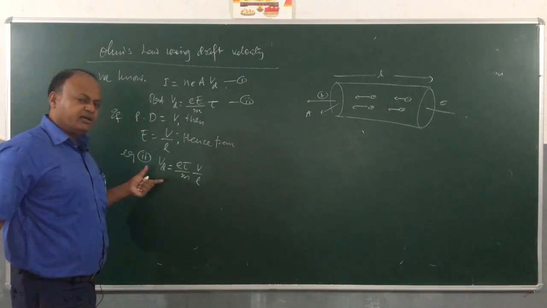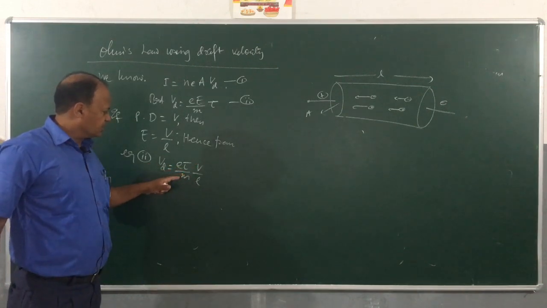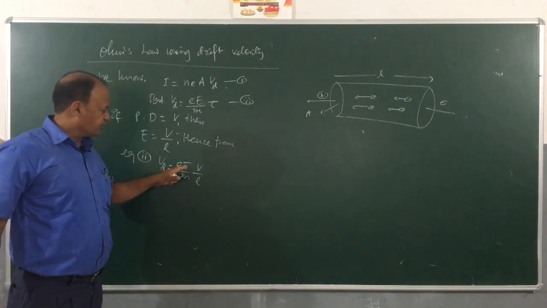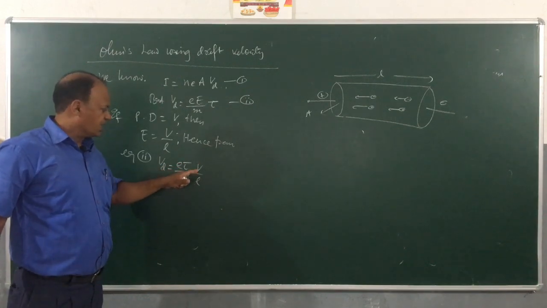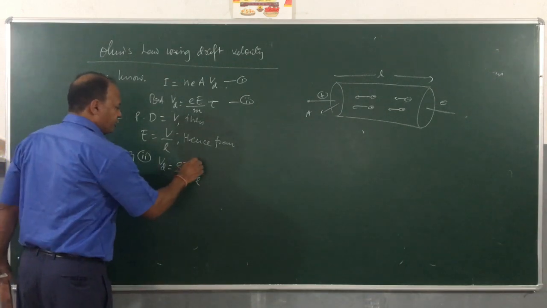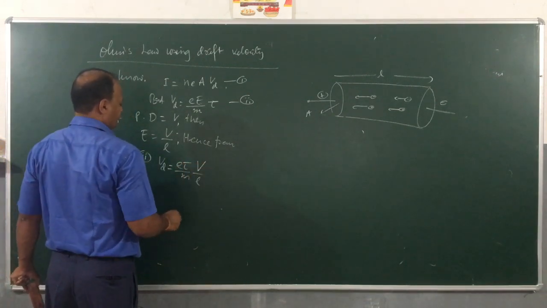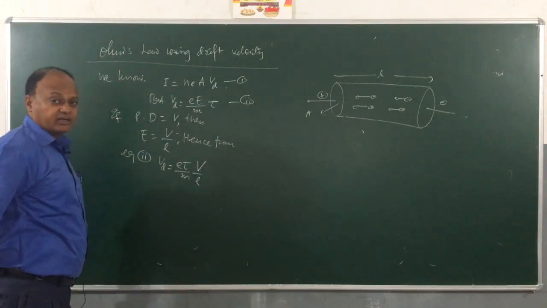Once I got the value of Vd, we have been able to express Vd in terms of what? Period of relaxation, charge and mass of electron, and applied potential difference and length. Now this transformed value of drift velocity we will substitute in equation 1.